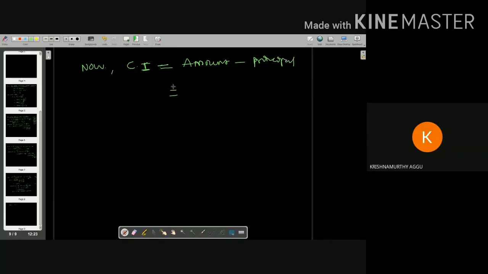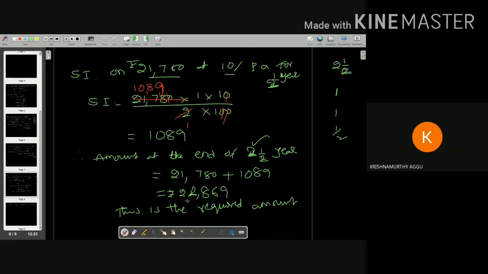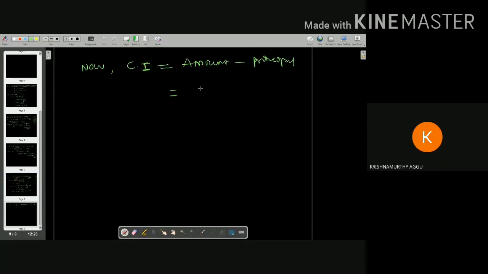What is the amount you got here in the previous page? Amount is 22,869 minus 18,000. While doing this, you are going to get 4,869 as the compound interest. So in this way, by using year by year calculation also we can find the answer.